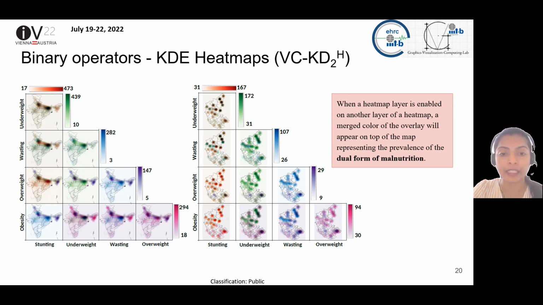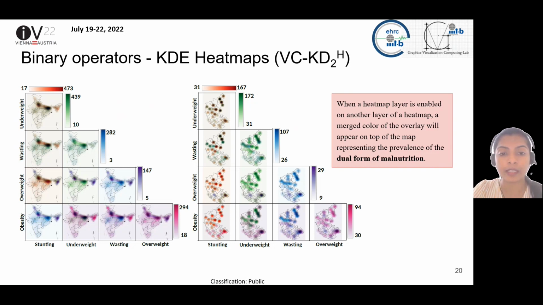For the bivariate KDE heat maps, our choice of color palette for overlay is to use a single color sequence color map based on saturation. The 5 colors corresponding to the malnutrition conditions are chosen in such a way that they can be distinctly identified even when they mix with any of the other 4 colors.